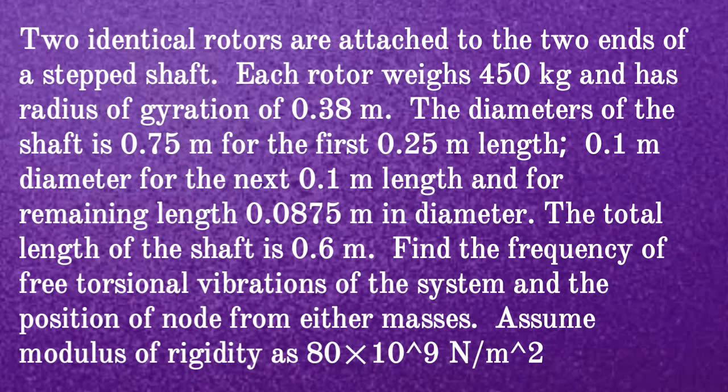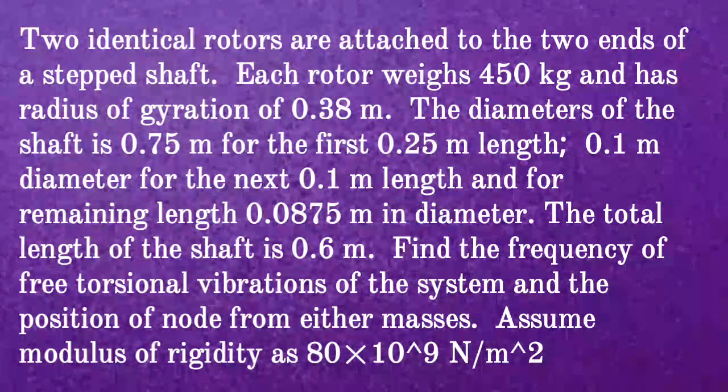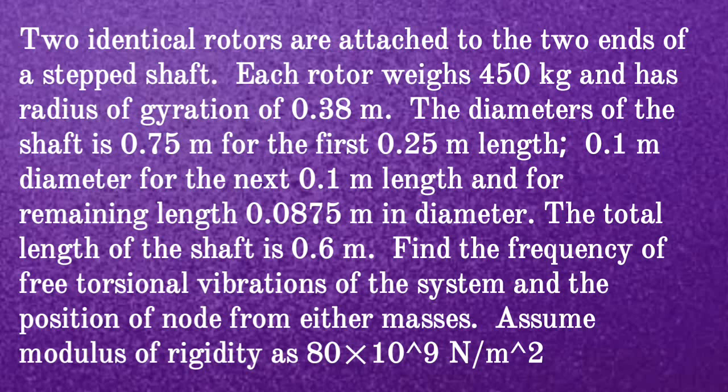The total length of the shaft is 0.6 meter. Find the frequency of free torsional vibration of the system and the position of the node from either mass. Assume modulus of rigidity as 80 into 10 raised to 9 Newton per meter square.